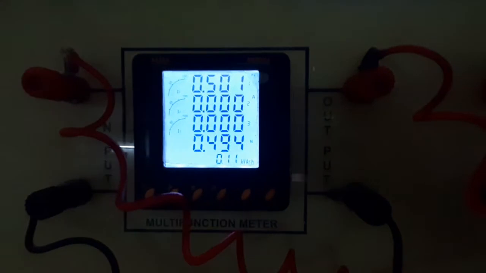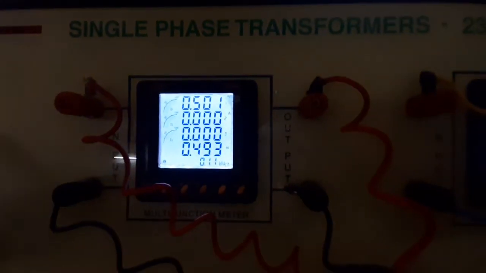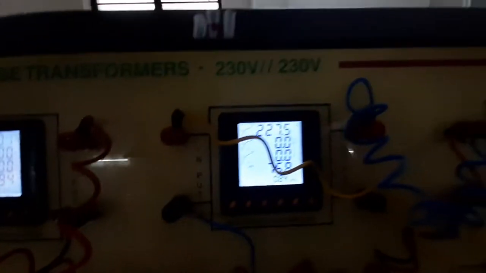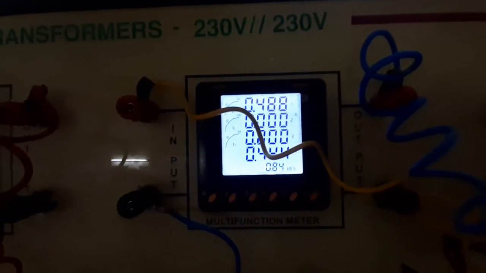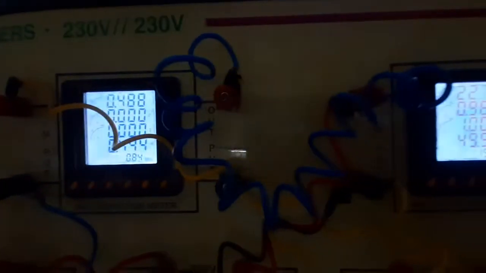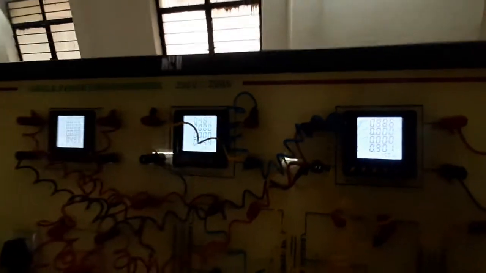Current I1 on meter 1 is 0.51 amps. Similarly ammeter 2 shows 0.488 amps. The summation of these two gives a total current of 0.986 amp.